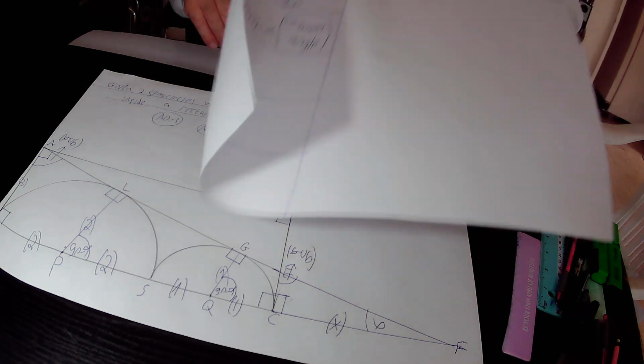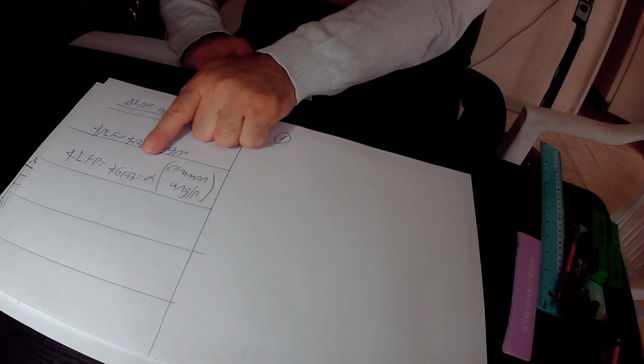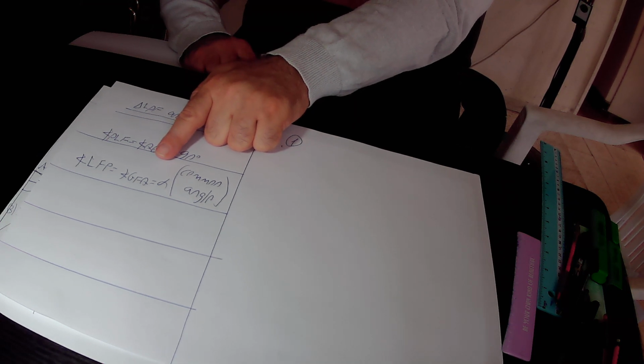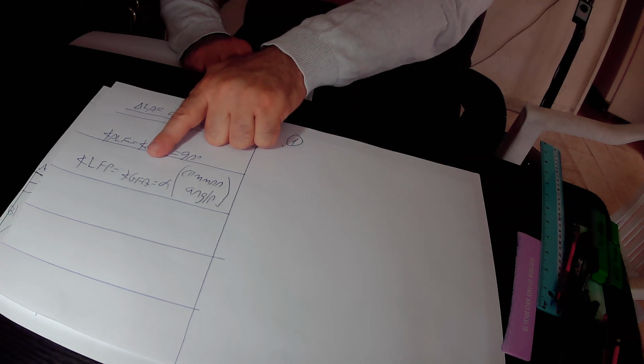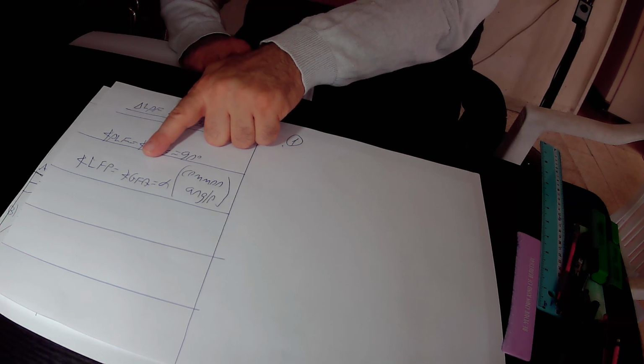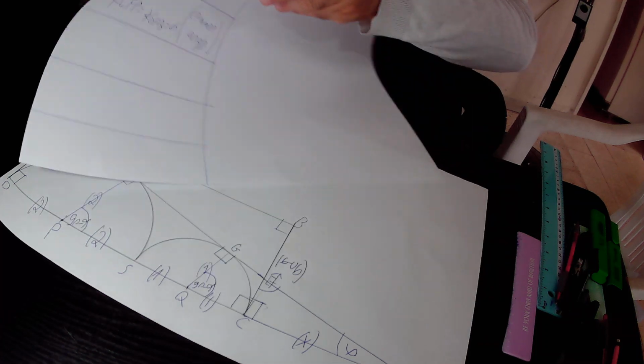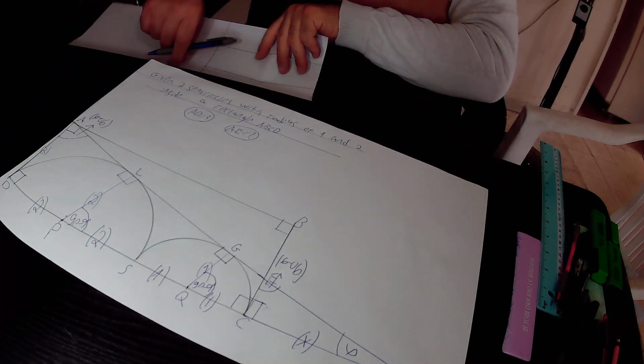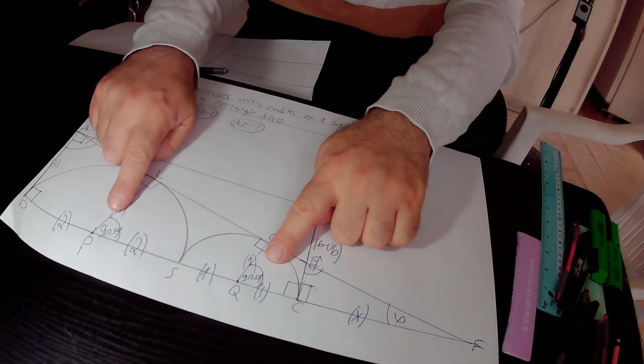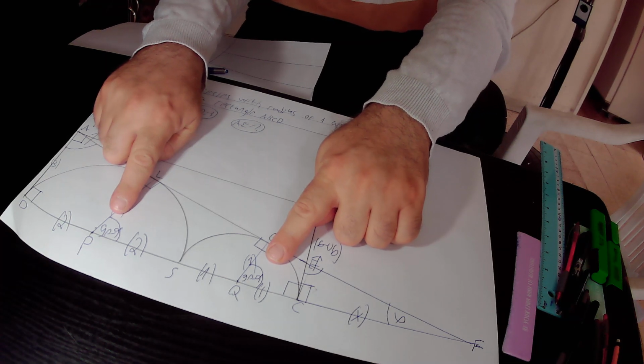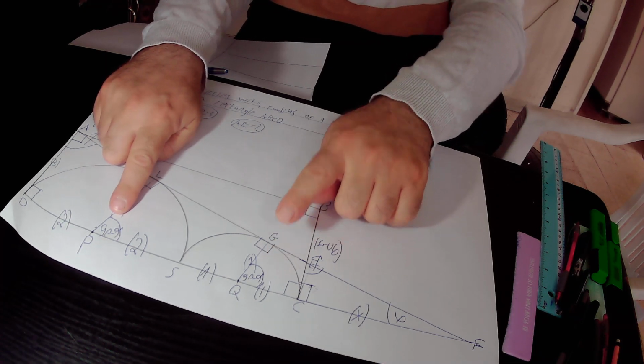So I'll repeat again. This equation means that angle alpha equals itself. We just call angle alpha by two different names. Angle alpha equals itself. It's a common angle that belongs to both triangles. And finally, those two angles are both equal to 90 degrees minus alpha, therefore they are equal to each other.